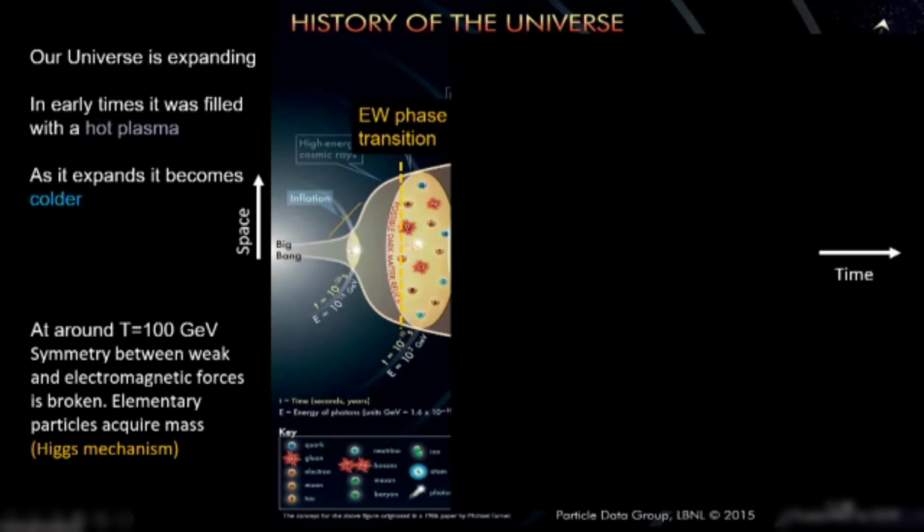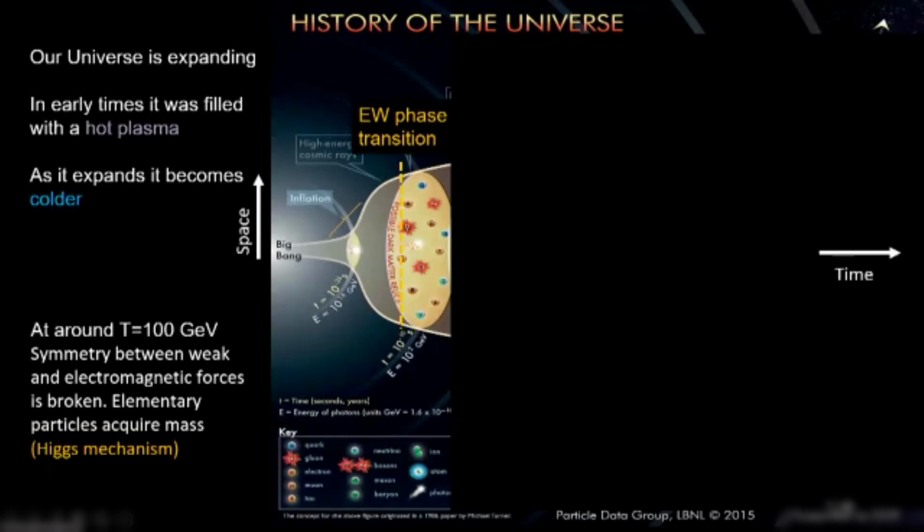The universe started to cool down, and actually somewhere exactly here at this transition stage, temperature 100 GeV, a very important transition took place. We call it the electroweak phase transition. This is just the point where electromagnetic and weak forces split, separated from each other, and actually via the so-called Higgs mechanism, elementary particles got their mass.